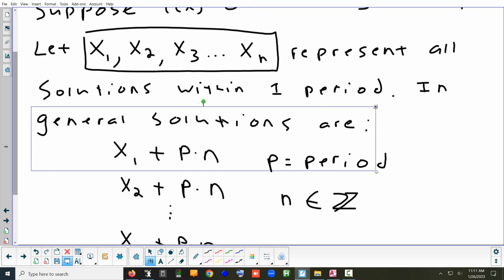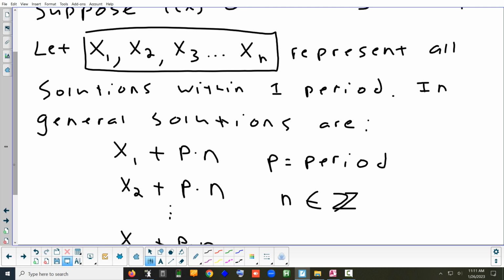What does that symbol mean? Remember, we talked about that symbol probably way back, maybe the first day. It's not the real number symbol.